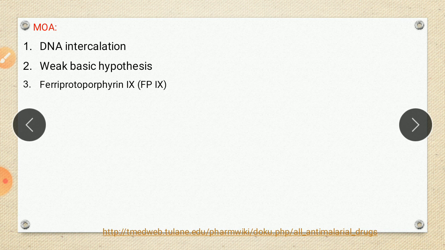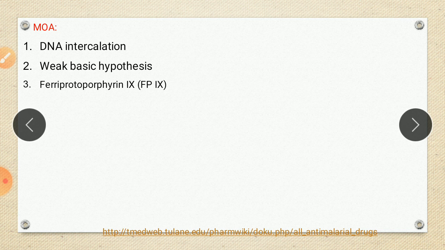Once in the lysosome, an acid-base reaction occurs and it elevates the pH in the lysosome, which in turn reduces the parasite's ability to digest hemoglobin and thus reduces the availability of amino acids. So a simple acid-base reaction takes place in the vesicle where the parasite is present.